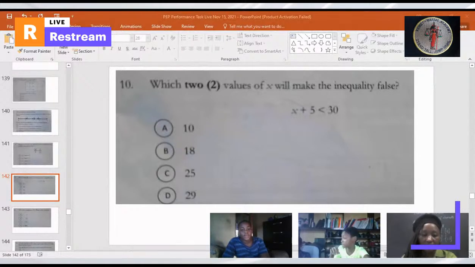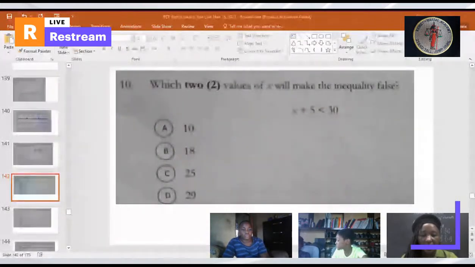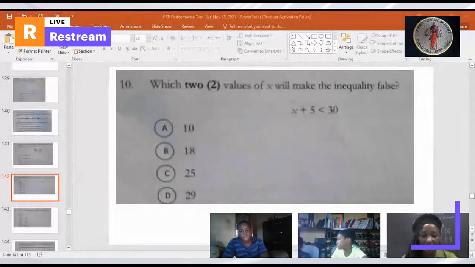It would be 15 less than 30. And if you put 18 there, it would be 23 less than 30. Are those statements true or false? True, miss. Is the question asking what is making it true or false?